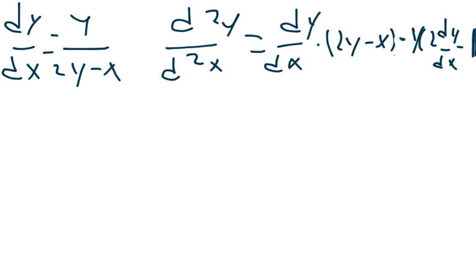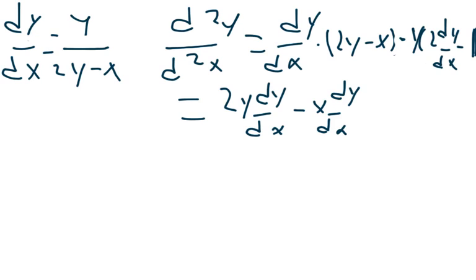Okay, so then we're going to distribute. So dy over dx times 2y would be 2y dy over dx, minus x dy over dx, minus, we're going to distribute y to 2y dy over dx and 1. So it's going to be 2y dy over dx plus y. So 2y dy over dx will cancel out with negative 2y dy over dx. Oh yeah, one minor mistake.